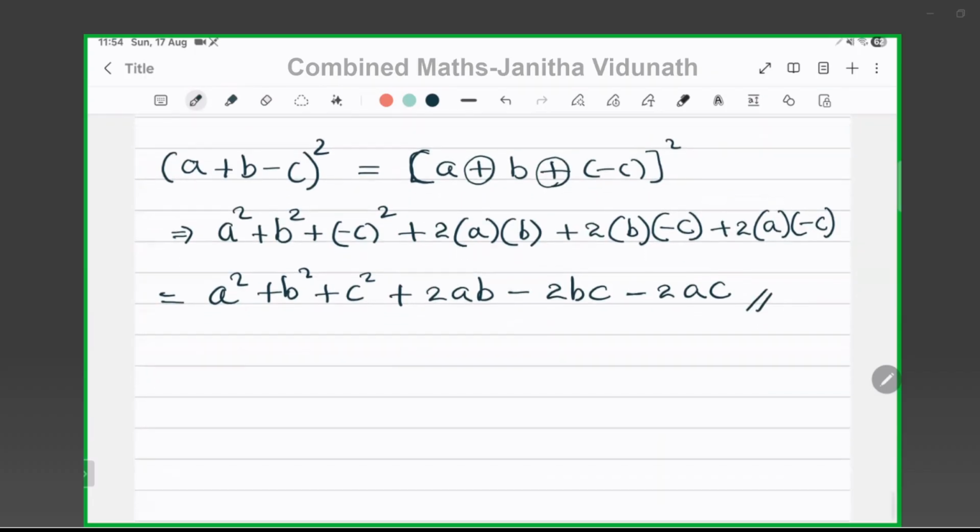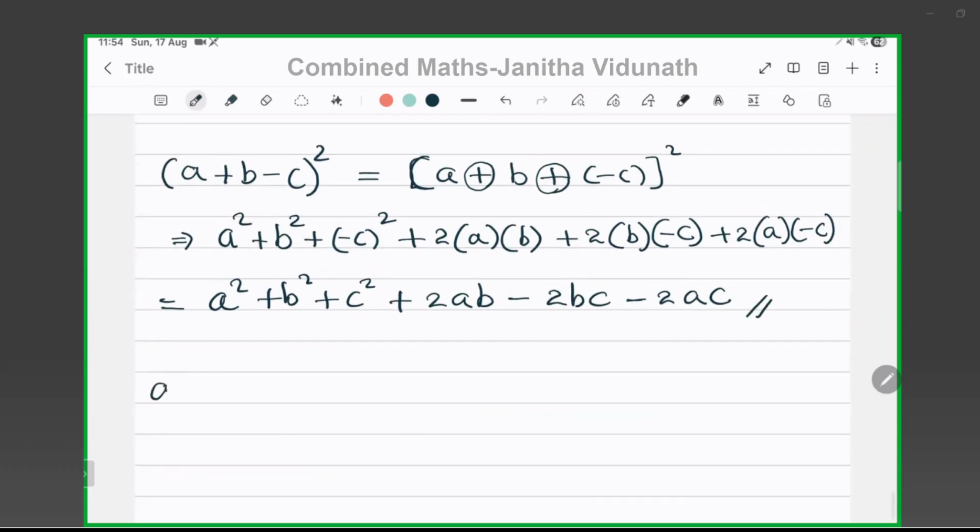Let me do another example. If we get (a - b - c) whole square, then we get our final result as, first we format this as (a plus minus b plus minus c) whole square.